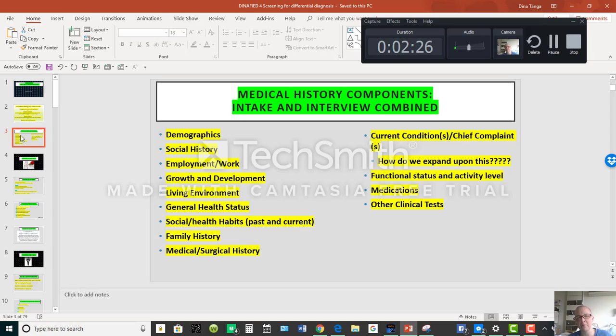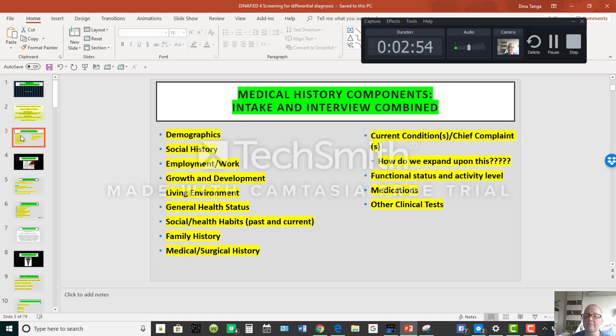Medical history components, intake and interview combined. So you're going to get the demographics, social history, employment work, growth and development, living environment, general health status, social and health habits, past and current, family history, medical and surgical history.